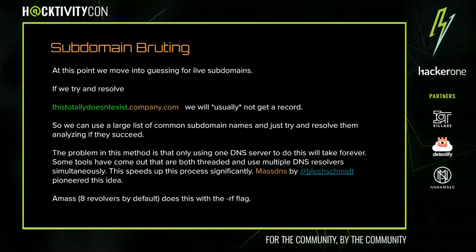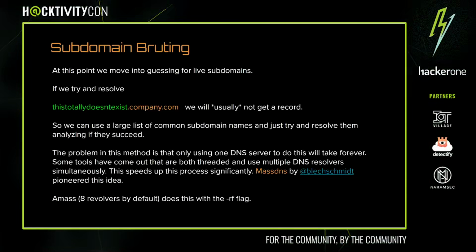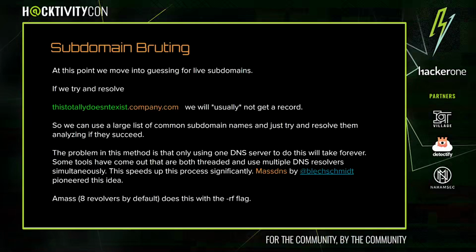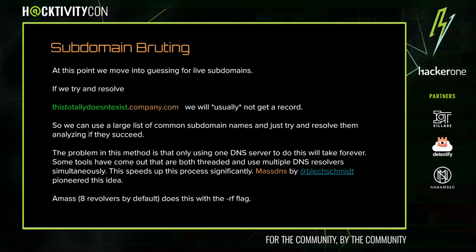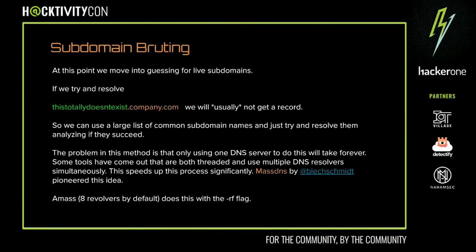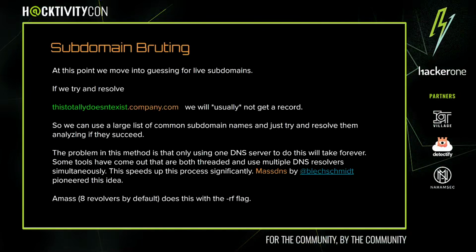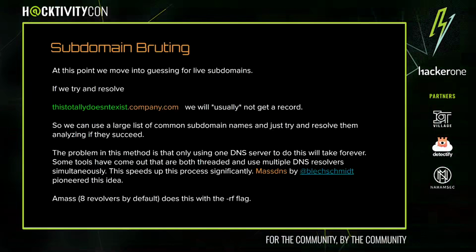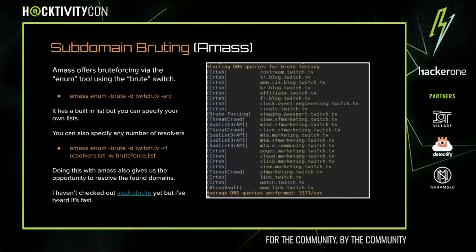So Amass has now built this idea of multiple resolvers into its tool, and it's had it for quite a while actually. I was using MassDNS for the longest time, and they pioneered the idea, but I now use Amass for this. Amass already uses 8 resolvers by default, and you can go out and parse more resolvers for yourself that you trust, and add them to its list, and it'll dramatically increase the brute forcing speed of Amass.